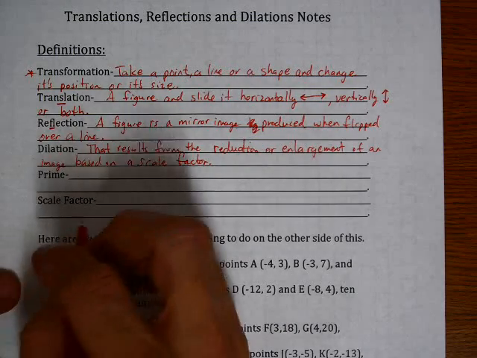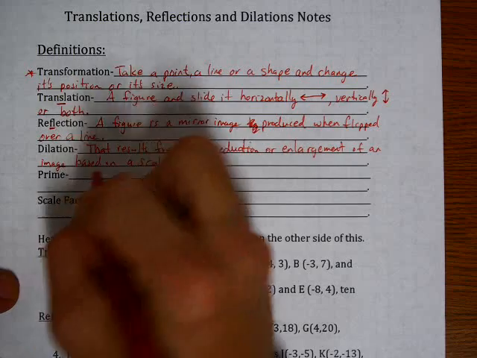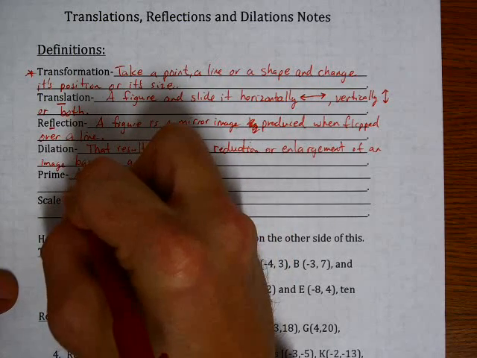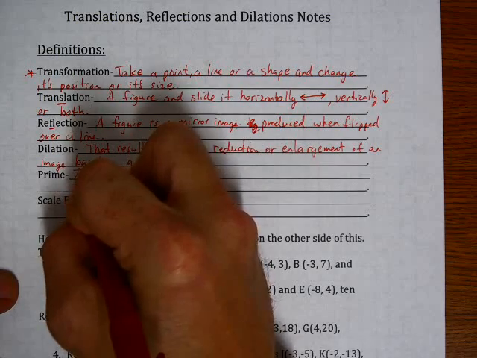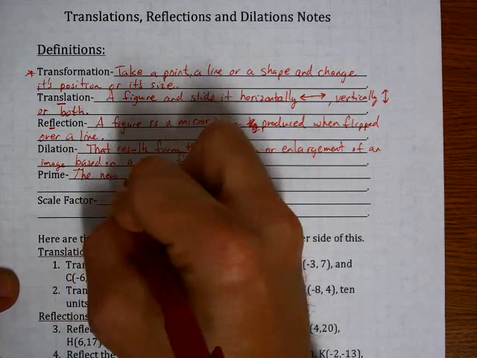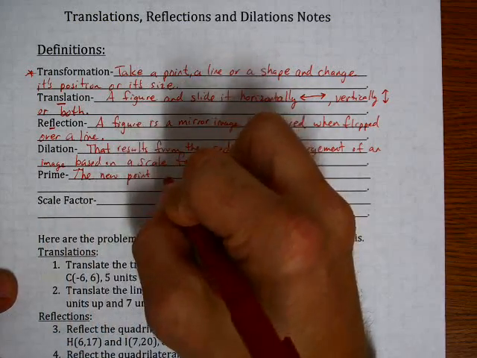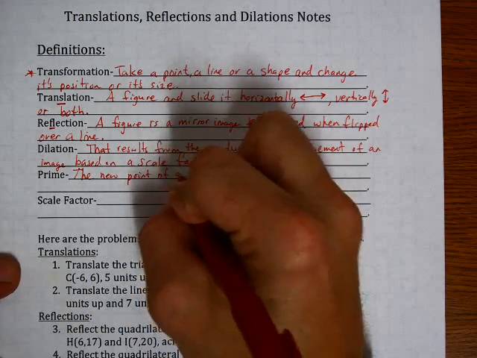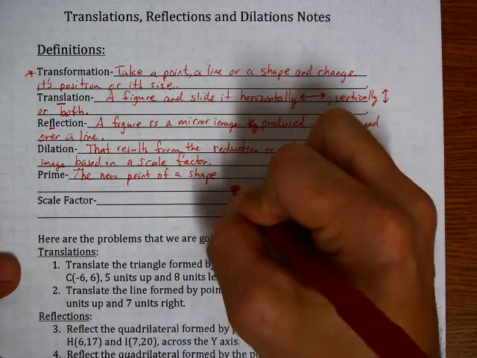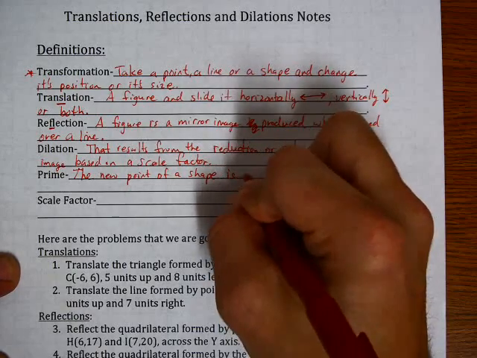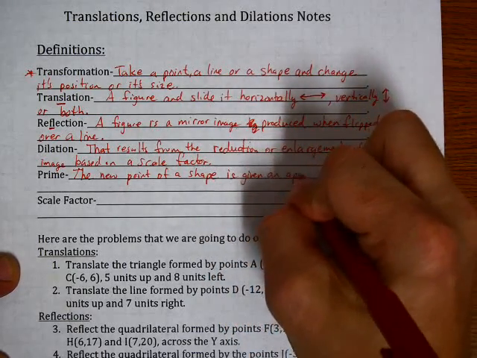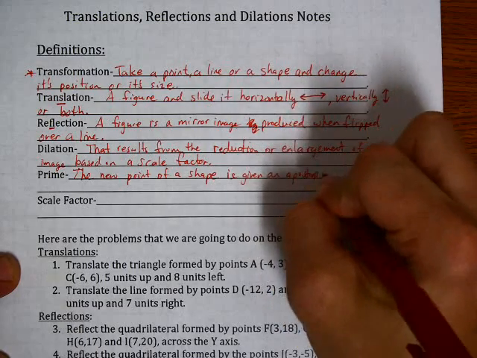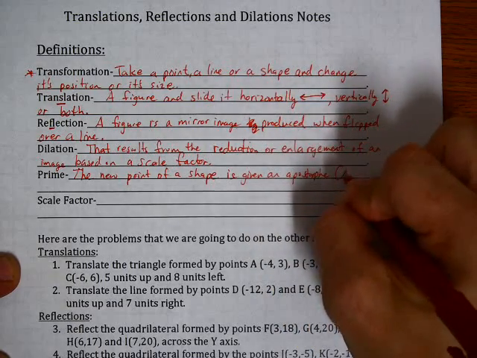So, prime is actually a sign we write, but it's the new point of a shape is given an apostrophe like this.